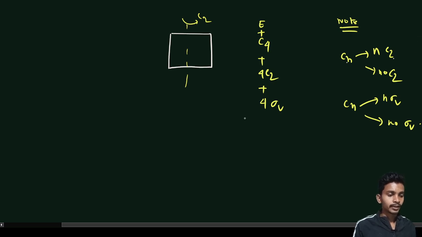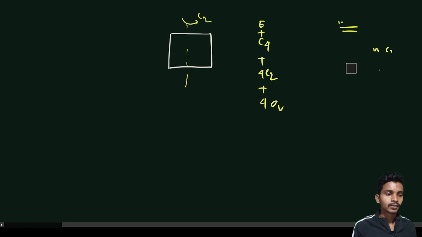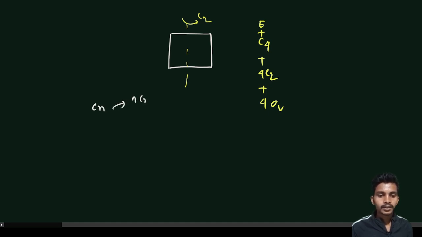Sorry, I should not write here. For this Cn, I will write here: if this Cn is there, then n C2 is there or no C2 is there.